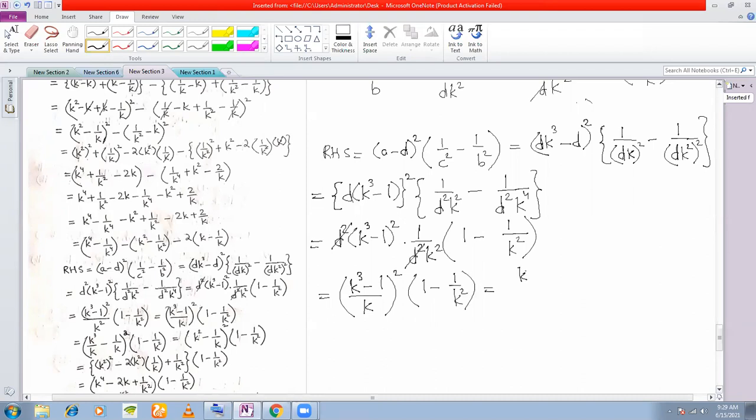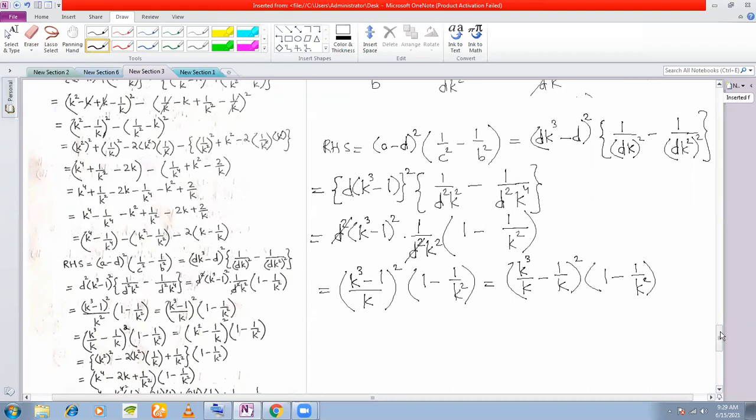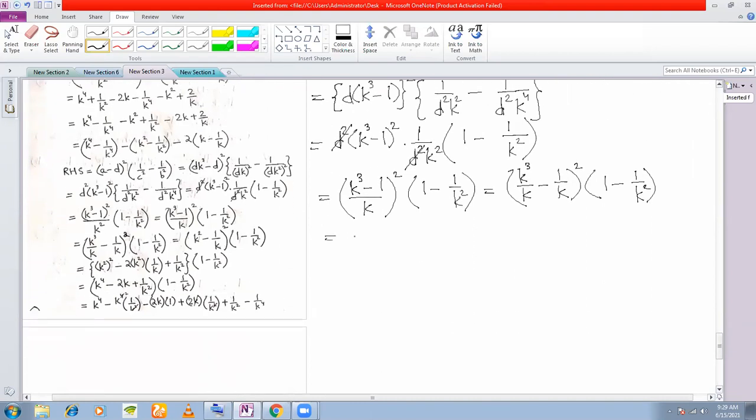Now you separate this into k cube minus 1 by k whole square into 1 minus 1 by k square. Okay. So here we get k square minus 1 by k whole square into 1 minus 1 by k square.